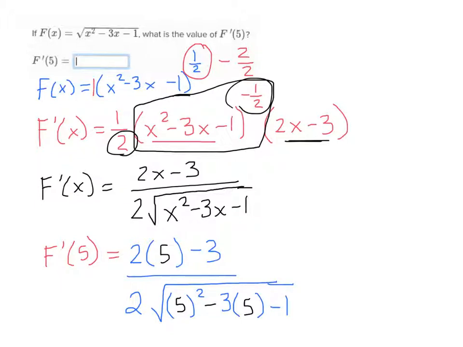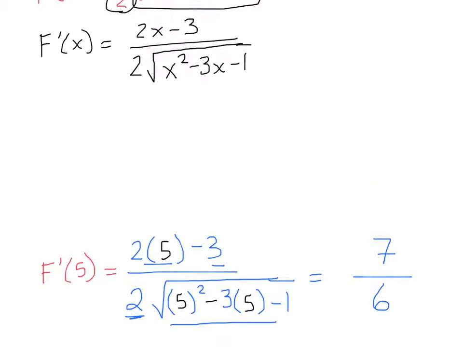And so now all I need to do is evaluate this. 2 times 5 is 10, minus 3 is 7, over, and then 5 squared is 25, minus 15, minus 1. So 25 minus 15 is 10, minus 1 is 9. And the square root of 9 is 3. So on bottom I've got 2 times all this, which is 3, so I get 6.